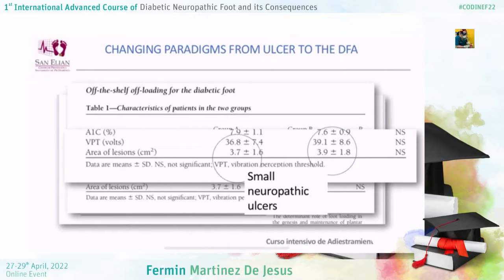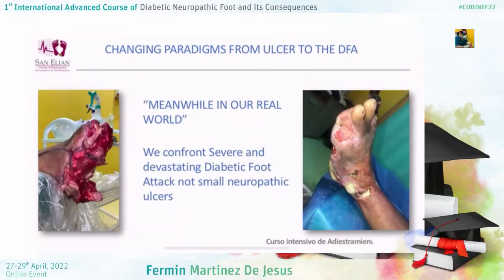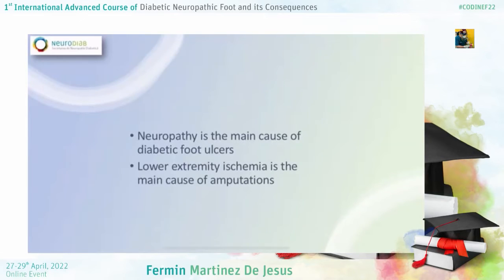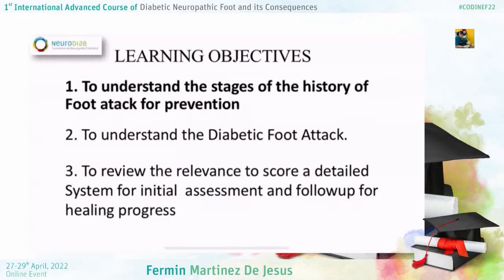And we are confronting in our real world severe and devastating diabetic foot attack, not a small neuropathic ulcer. So we consider that neuropathy is the main cause of diabetic foot ulcer, but lower extremity ischemia is the main cause of amputation.